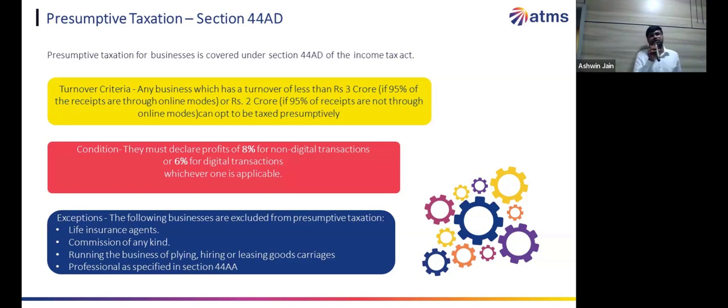Certainly they can offer 44AD, subject to the condition of declaring the profit. But we need to evaluate whether they have generated the profit and whether their turnover is sufficient to declare, because if you are dealing in FNO, your turnover will be huge. So we need to make sure whether the client can pay 6% or 8% if you declare that particular threshold.